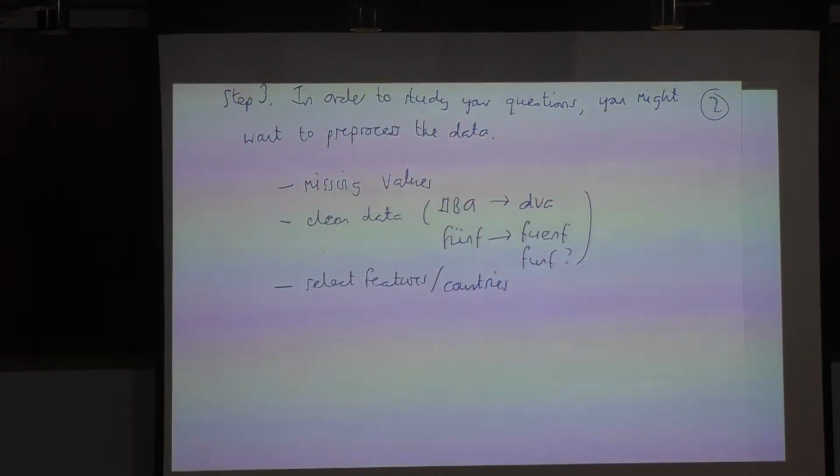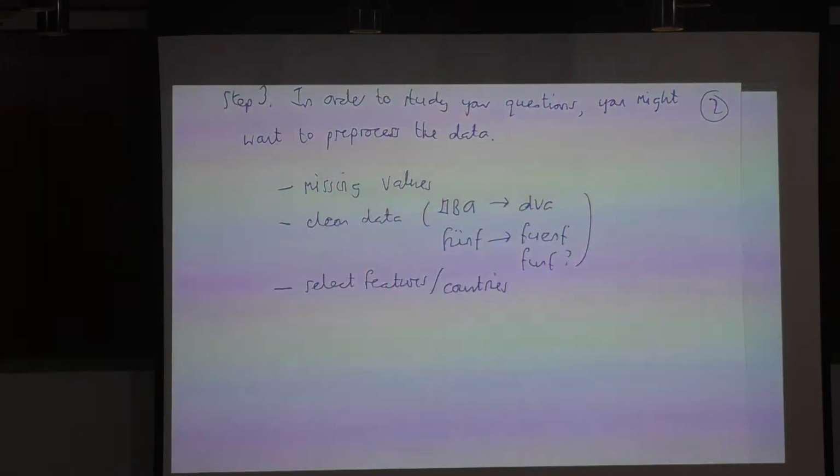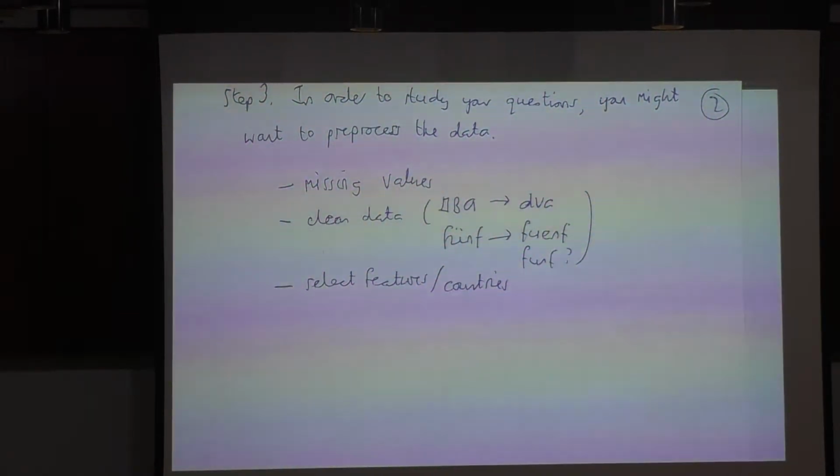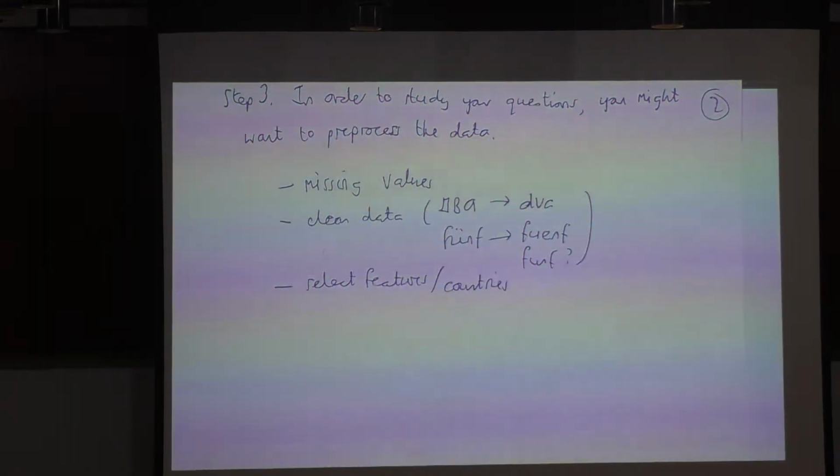Maybe you should just be doing, I don't know, Western Europe or Southeast Asia or something, and only looking at some of the variables. There's all sorts of interesting questions that you might have asked, and many of you did, in fact.